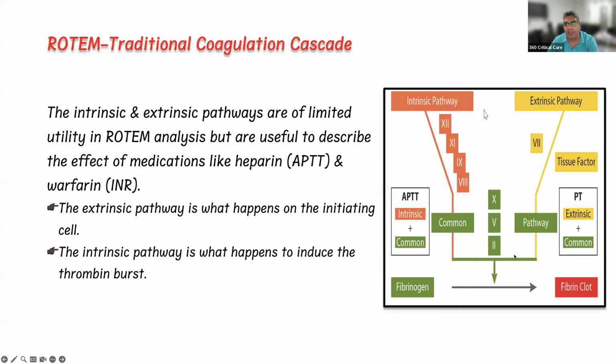In the common pathway, you have the factors 2, 5, and 10. In the intrinsic pathway, you have factor 8, 9, 11, and 12. And in the extrinsic pathway, you have majorly factor 7. So the common pathway leads to formation of fibrinogen and then fibrin clot. So this is the usual concept of coagulation that you guys know.